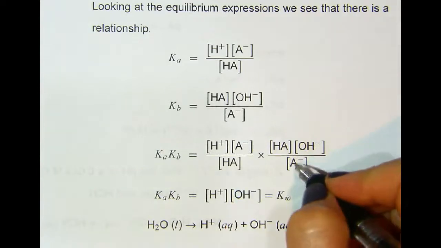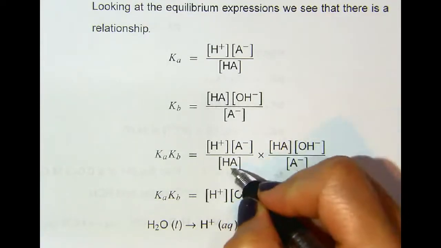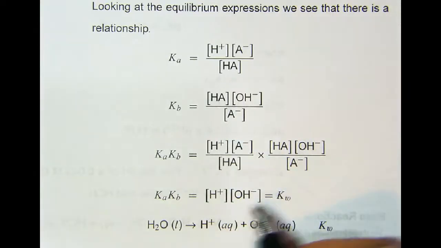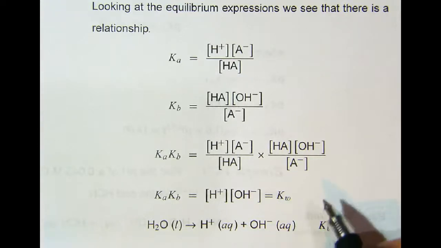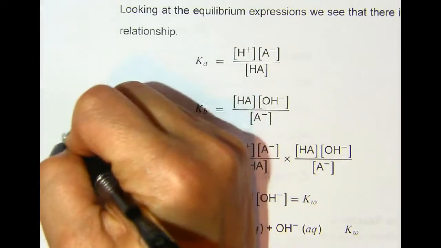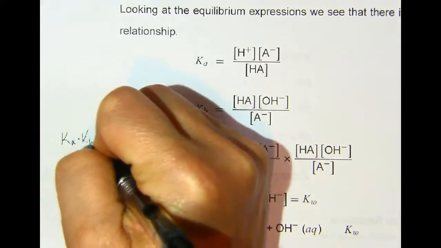The anions cancel, the acids cancel, and you're left with just the hydrogen times the hydroxide, which is what Kw equals.